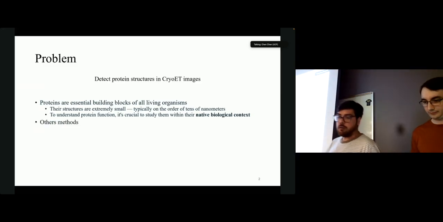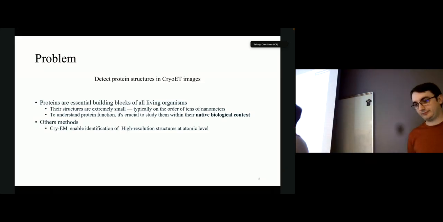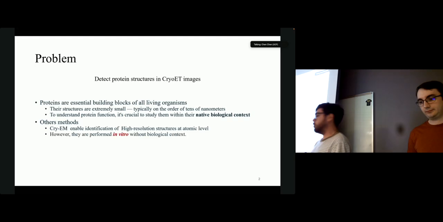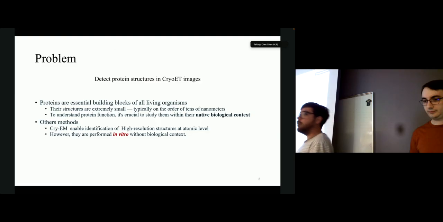Previous methods like cryo-EM were able to identify high-resolution structure at the atomic level of this protein, but those are usually done in vitro, which is basically isolation. This gives you a lot of knowledge for biology, but to take another step in science, we need to understand the interaction between them.